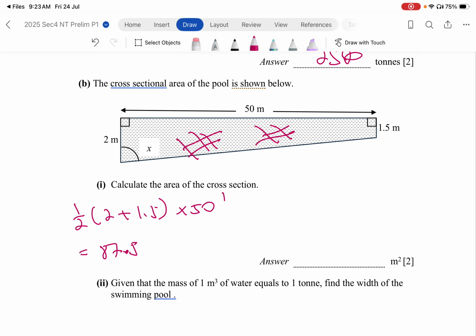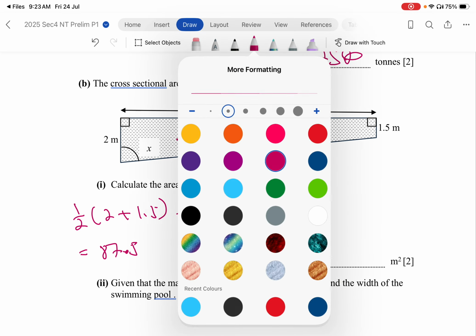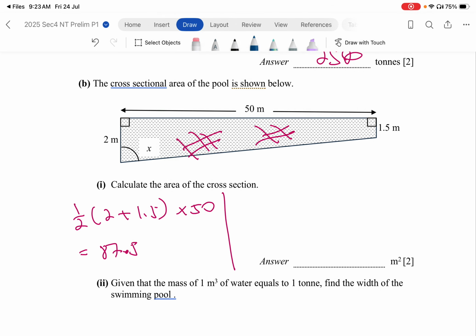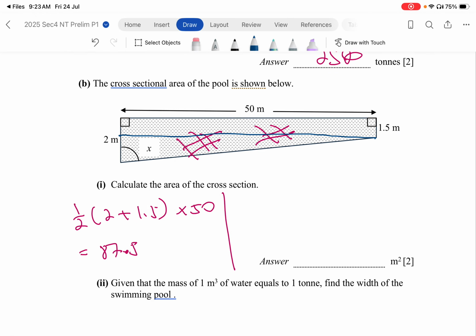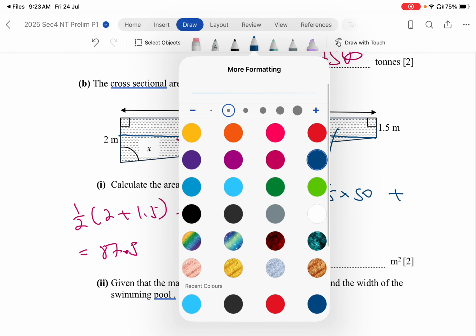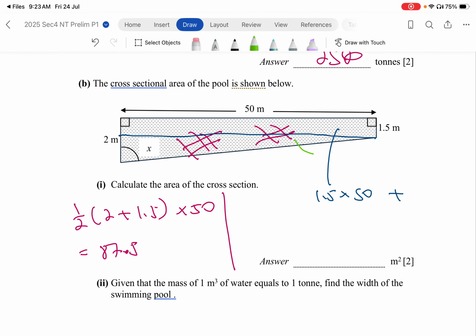But if you want another way, dissect this into a triangle and a rectangle. This area here is 1.5 times 50. This area here is half times 50 times the base.